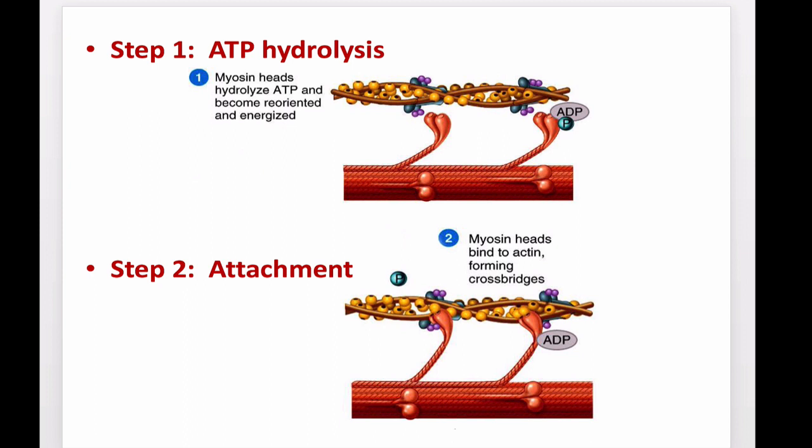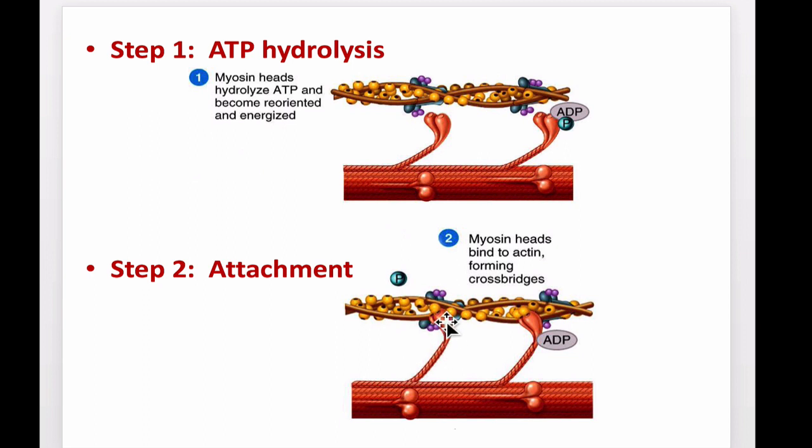Again, ATP is adenosine triphosphate. It's an adenosine molecule with 3 phosphates. When it becomes hydrolyzed, it loses a phosphate and it becomes ADP. Usually that phosphate ends up floating away in the cell, but what that allows myosin to do is become charged, quote unquote, and grab onto actin.